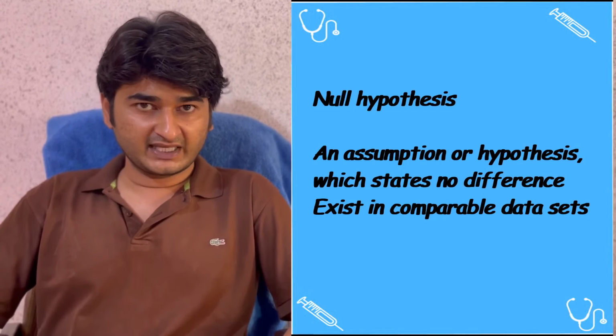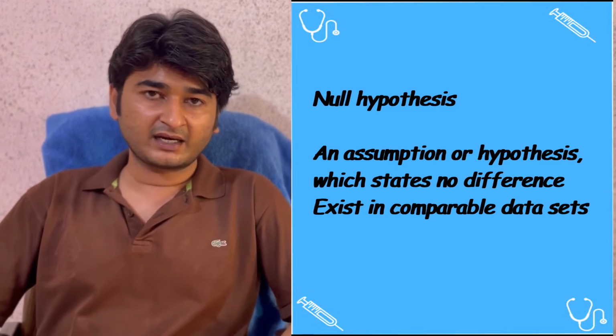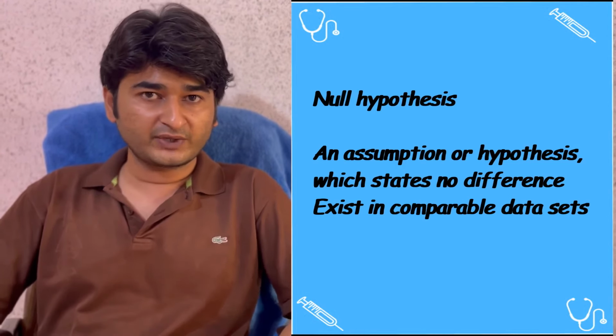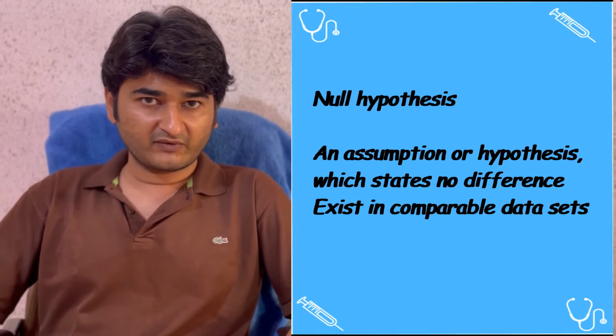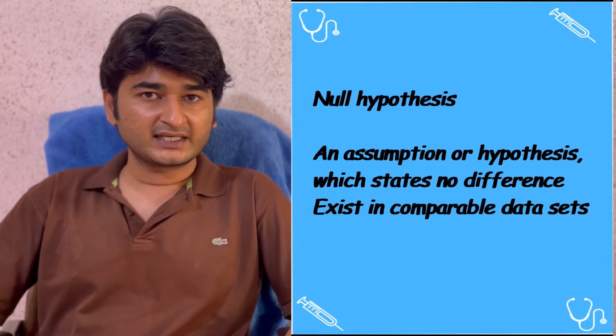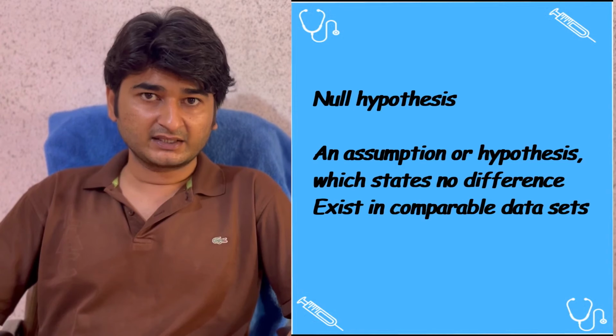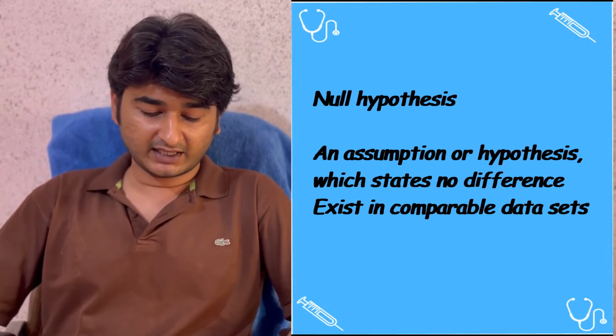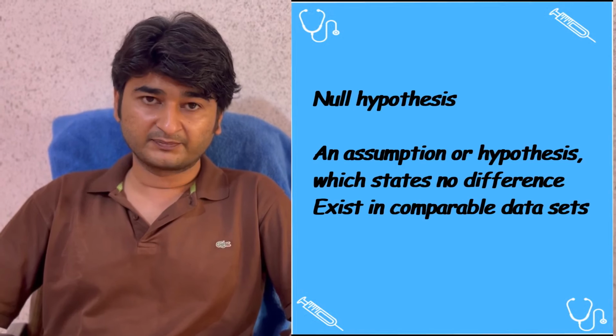In studies there are chances of errors. There are two types of errors. One is the alpha error, which is also called type 1 error, and the other is the beta error, which is called type 2 error. First we will see the type 1 alpha error.